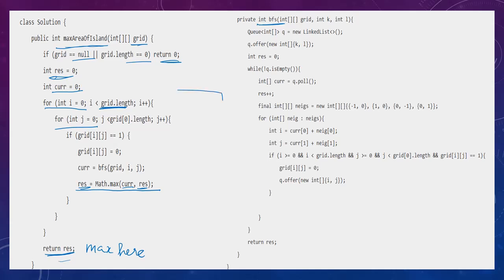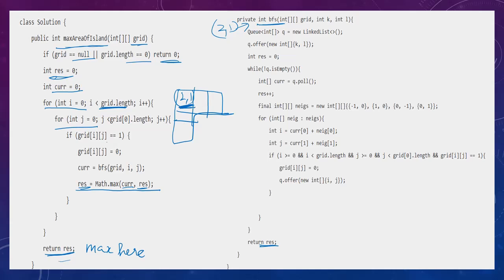For example, our first island in our given graph was at 2, 1. So we are going to consider 2, 1 as our starting point for the sub area, and then we pass that 2, 1 to our BFS method and ask it to calculate the area of that particular subset. And it returns the result, which is nothing but the area of this particular island starting at this position.